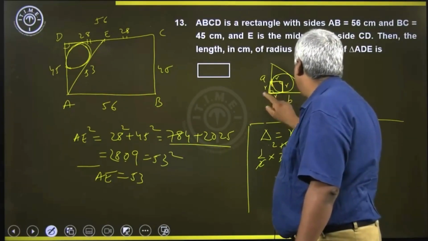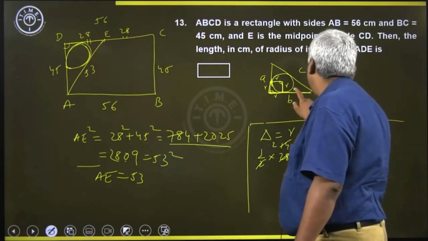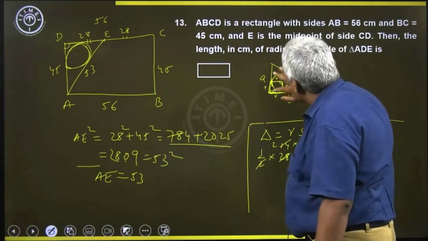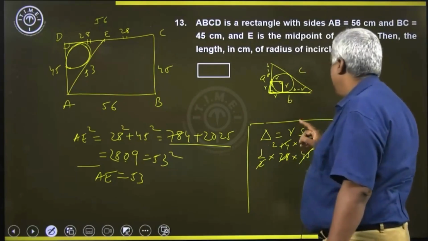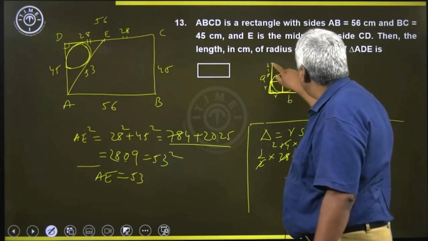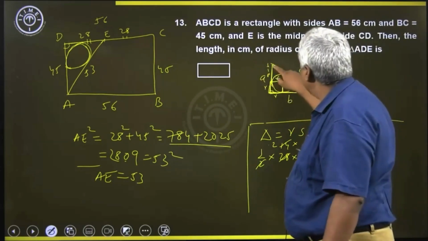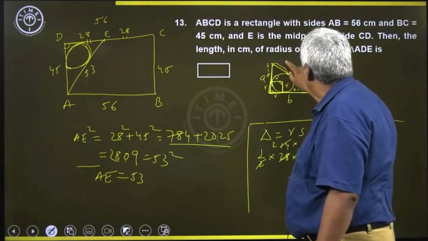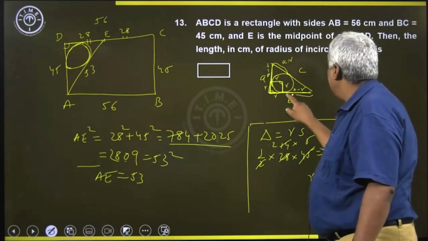Now this is r, so this length will be b minus r, and this is r, so this will be a minus r, okay? And from here, this is tangent, this much length of tangent, this is also length of tangent. From outside, lengths of tangents are equal, so this part is also a minus r, and this will also be b minus r.